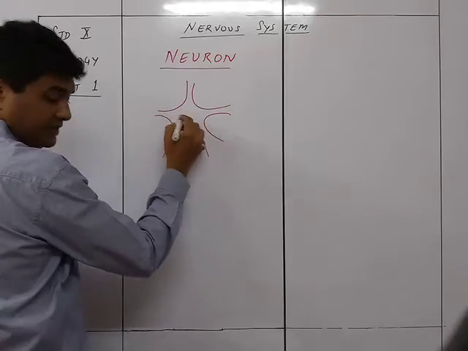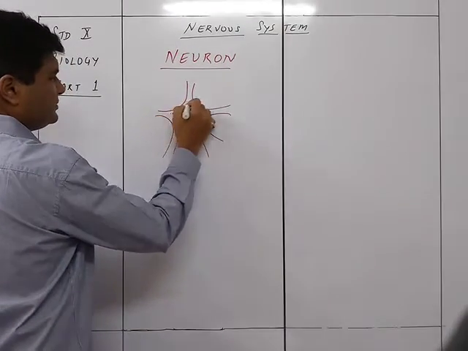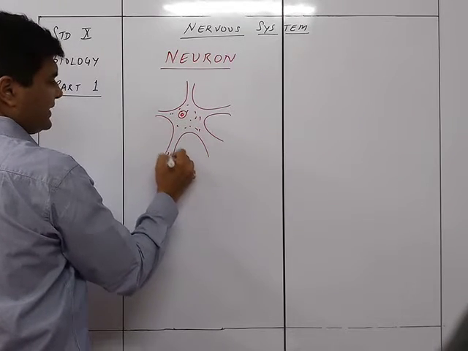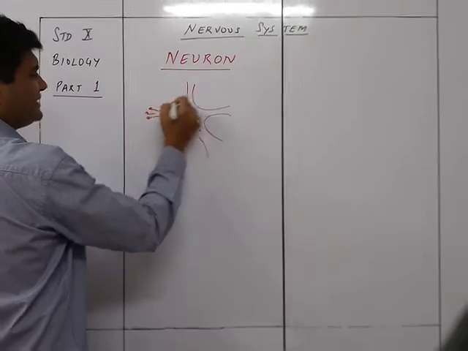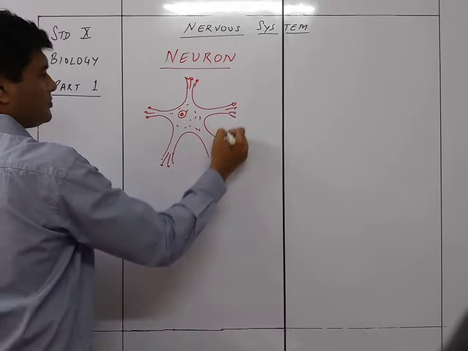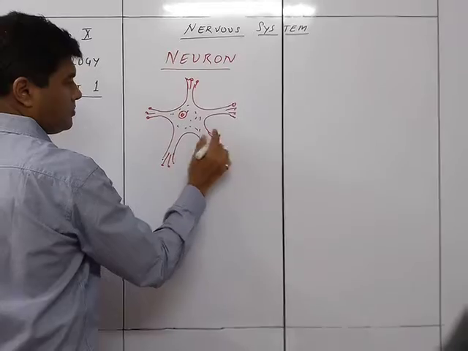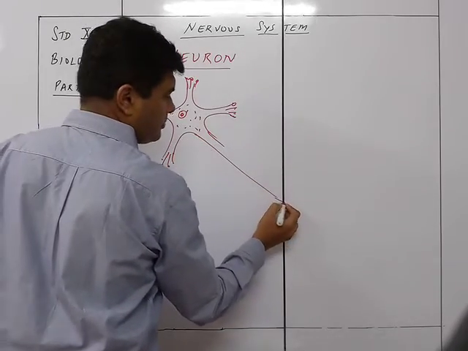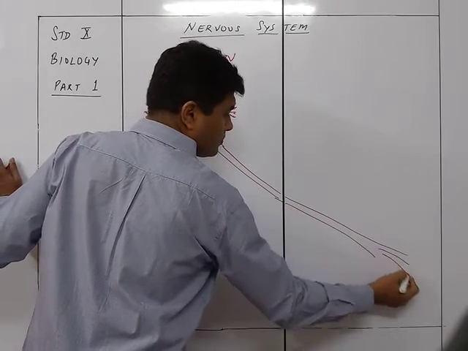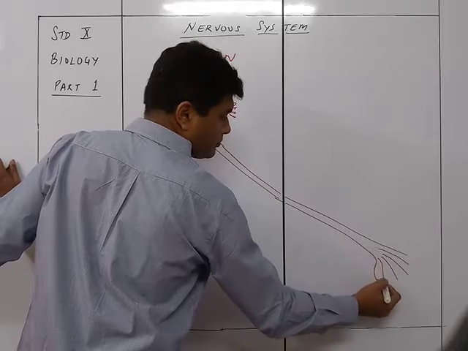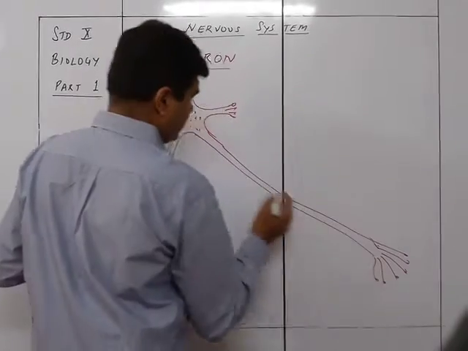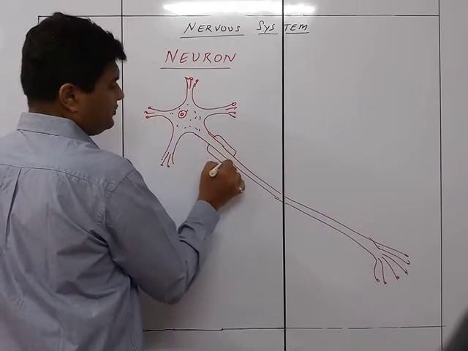So there is this nucleus over here, the cytoplasm, and then there will be some connections like this over here. They are the dendrons and the dendrites. Okay, and then there are some insulating layers over here.